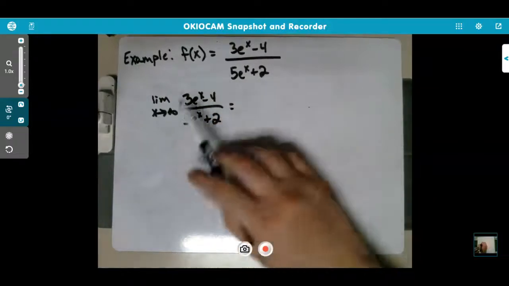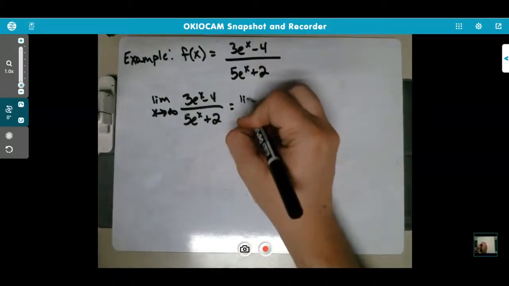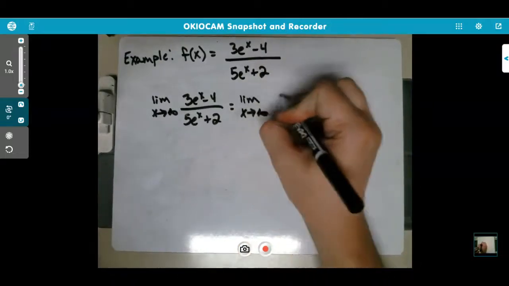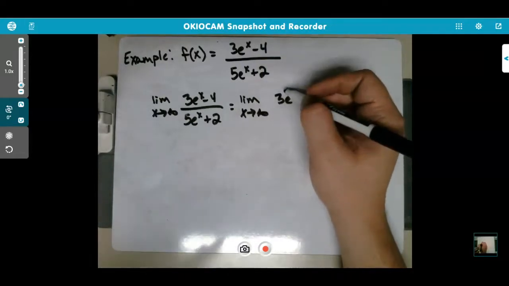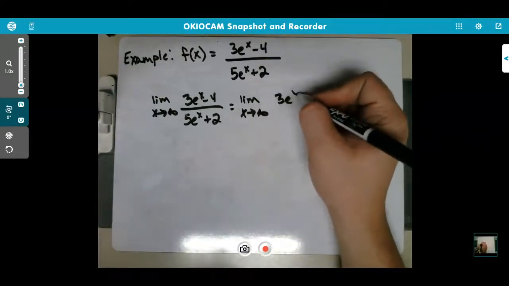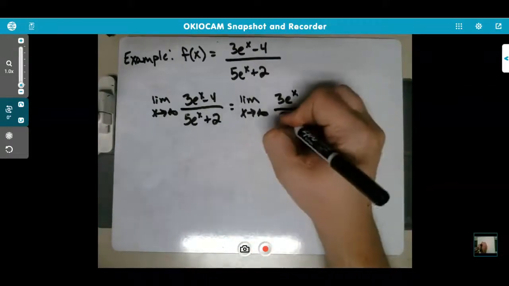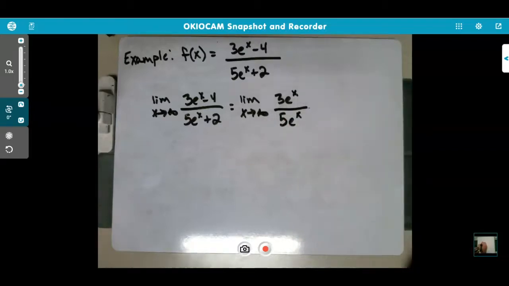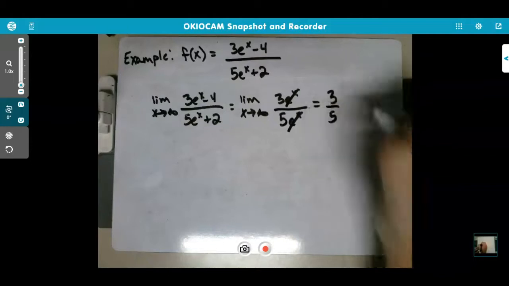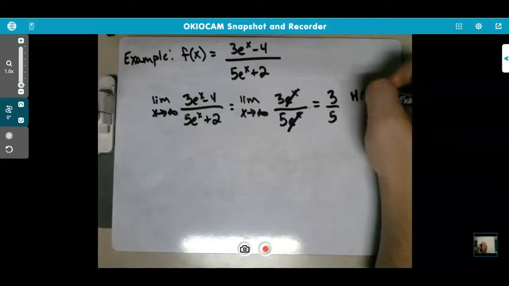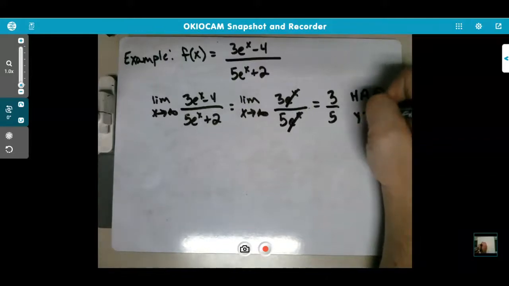On the top part, since this is going to be positive, my larger term is 3e to the x. Again, because e to something that's very big is going to also be big. So 3e to the x. The bottom, the same thing, 5e to the x. E to the x cancels out, so we just have 3 over 5. So on the right side, we have a horizontal asymptote at y equals 3 over 5.